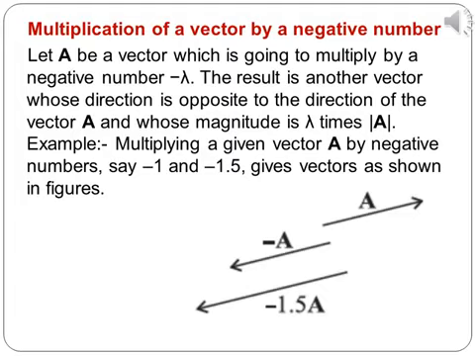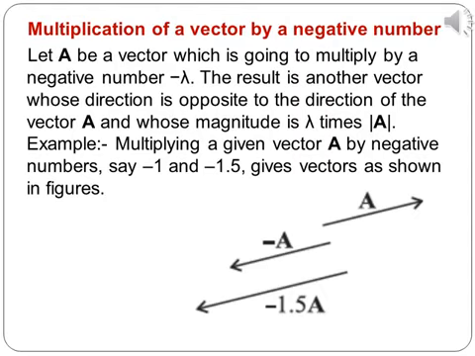Now, let us see how to produce a result by multiplying a vector by a negative number. Let A be a vector which is going to be multiplied by a negative number, minus lambda.